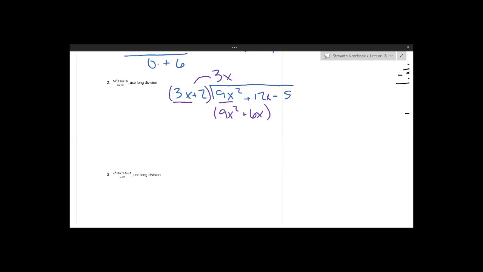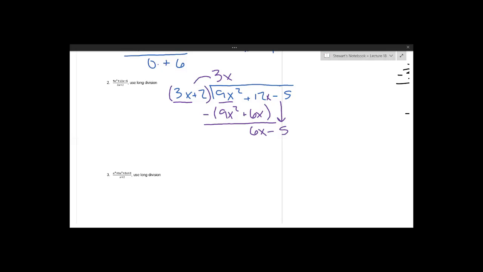And like we did with normal long division, we have to subtract this whole expression. 9x squared minus 9x squared is 0. And then this negative is going to distribute to the 6x. So we have 12x minus 6x, which is still 6x. And also, like we do in normal long division, we're going to transfer this remaining term down. So we're going to have minus 5 be attached to it.